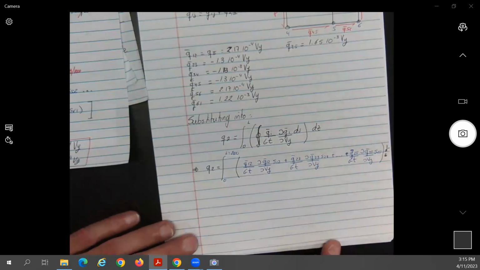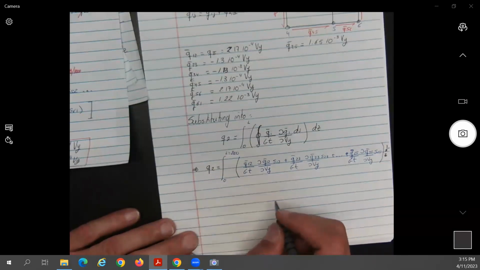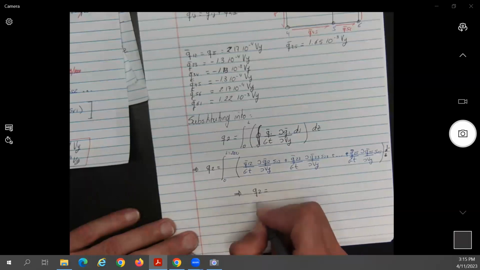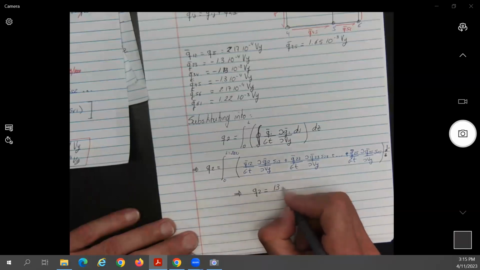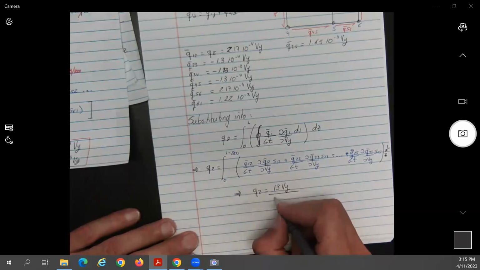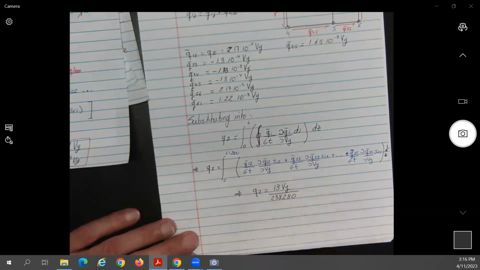At the end should be dz. So if you do this calculation, you get that Q sub 2 is equal to 13 dy over 238,280.